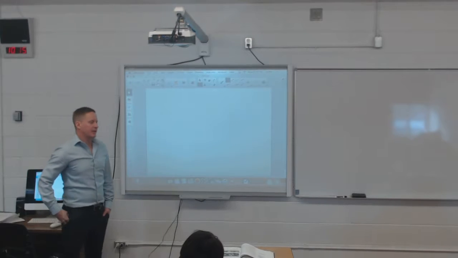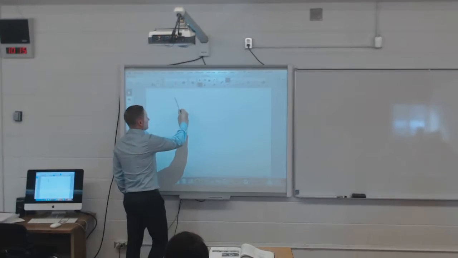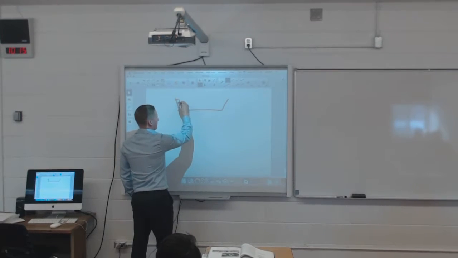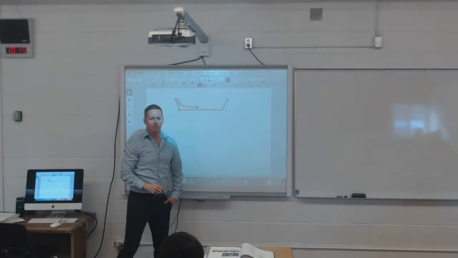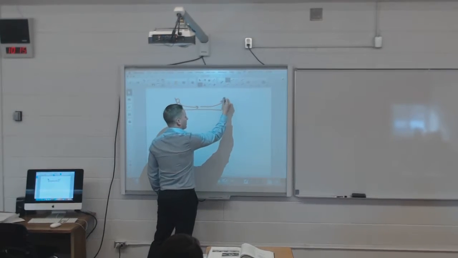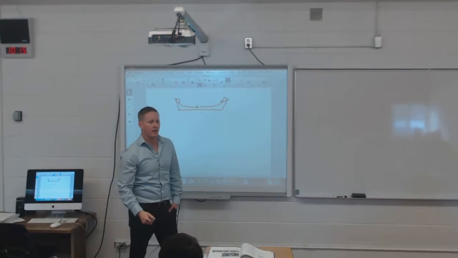Okay, so basically speaking, Galileo designed this experiment where he rolled a ball down a slope. And as it rolled down the slope, it of course speeds up, which makes perfect sense. And as that ball goes up the slope, it's going to begin to slow down.